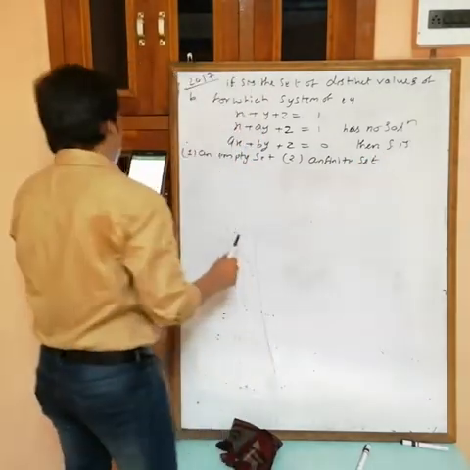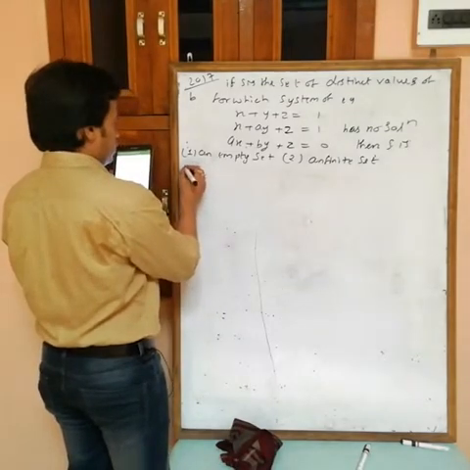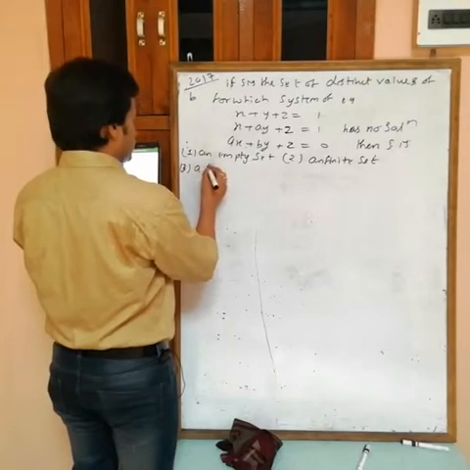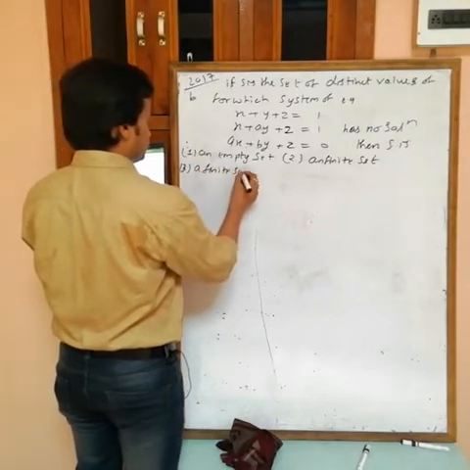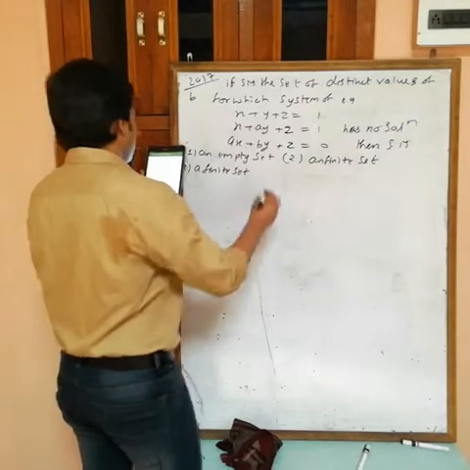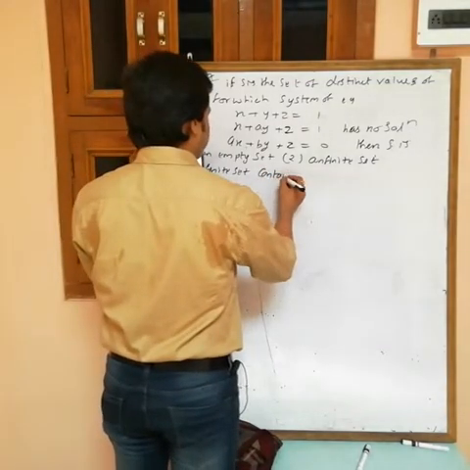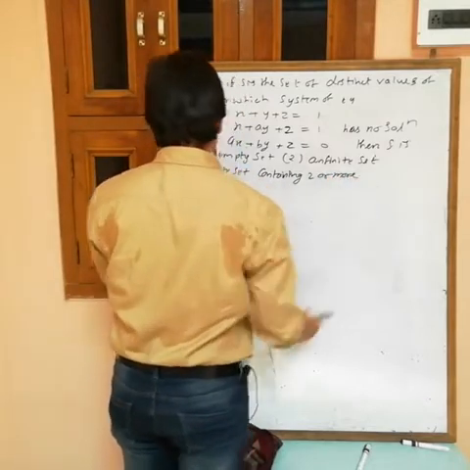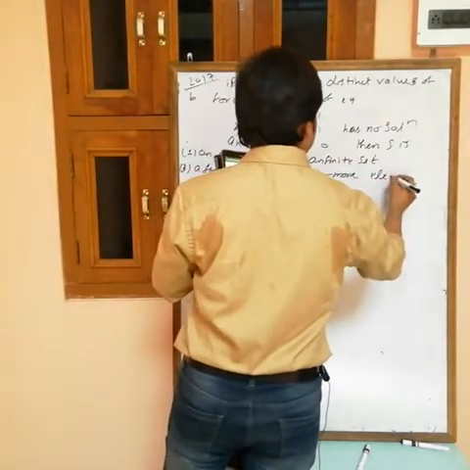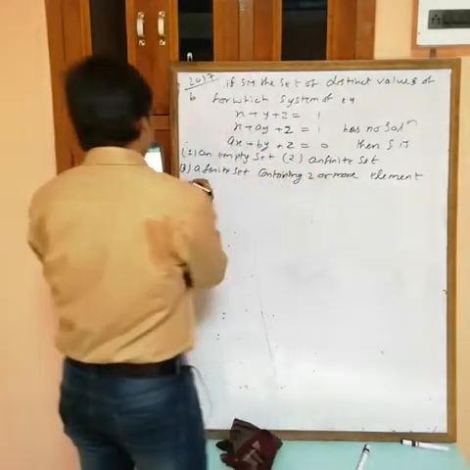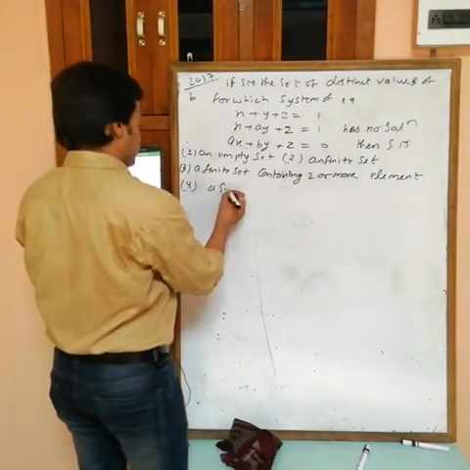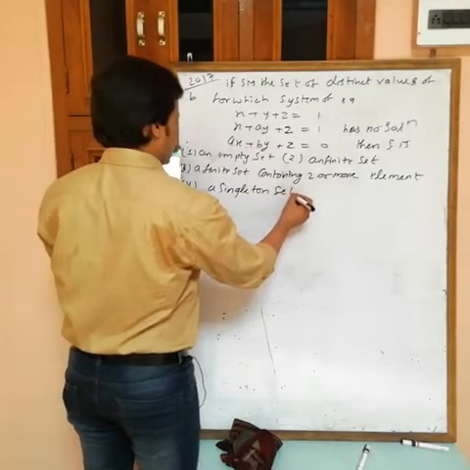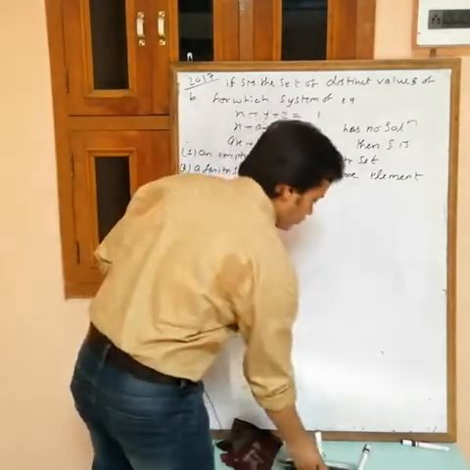Third one, a finite set containing two or more elements. And last, fourth one, a singleton. Singleton set means having only one element.